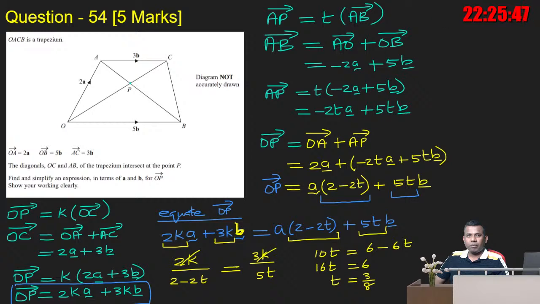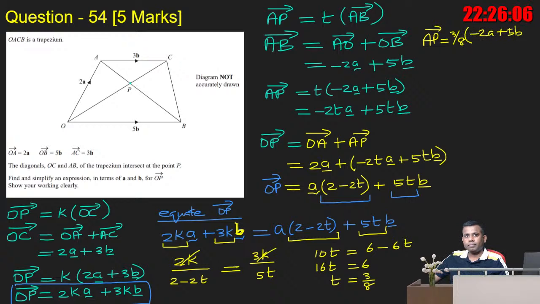So I'm just going to take that off and do it again. So AP, I think this position is right. AP equals t, and we already found t is 3/8. So 3/8 of the minus 2A plus 5B.